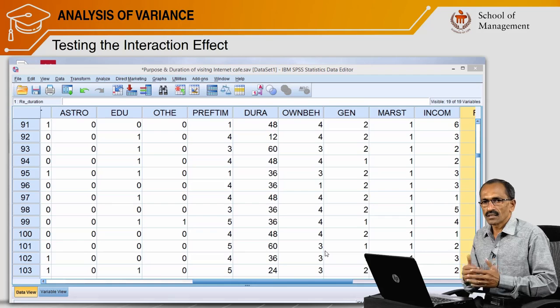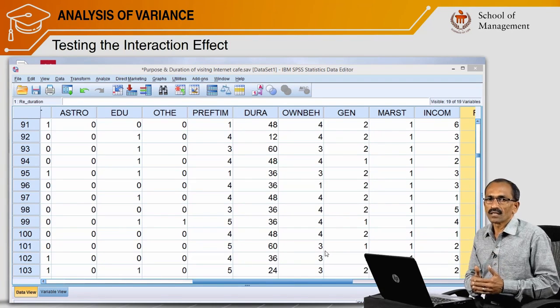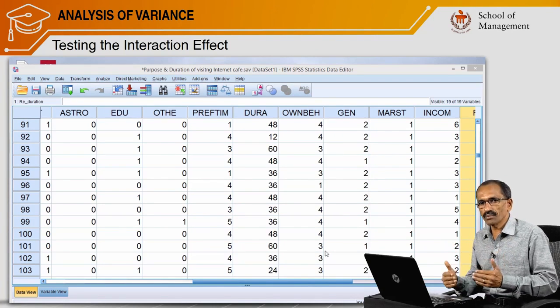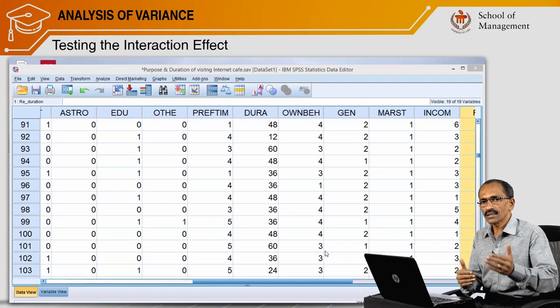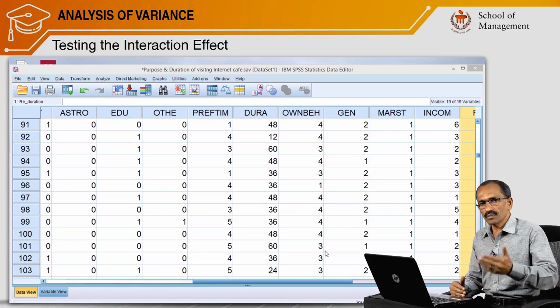Kolkata, they have 5. Mumbai, they have 7. Delhi, they have 10, and so on. They want to know whether there is any interaction between the location and the shop on sales performance, and they can do that through factorial ANOVA. This is the purpose.